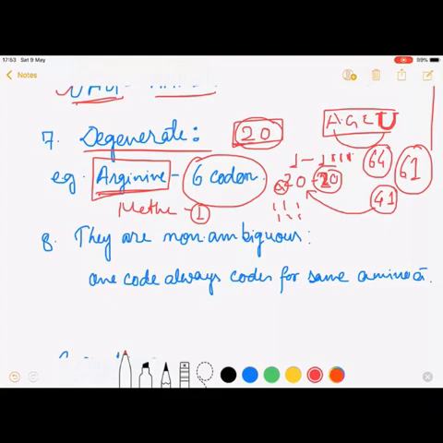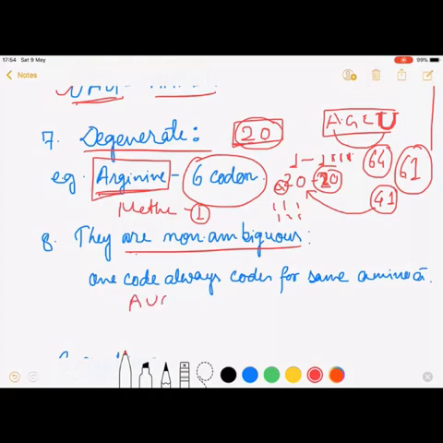Next, they are non-ambiguous. The genetic codes are non-ambiguous. It means they are highly specific. One codon will always recognize a particular kind of amino acid. One codon will not recognize any other kind of amino acid.